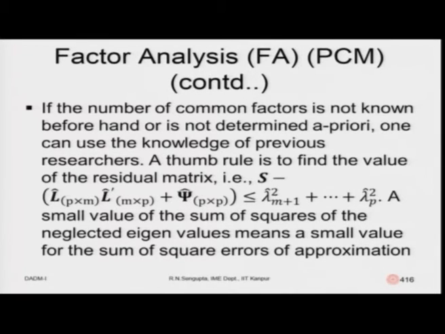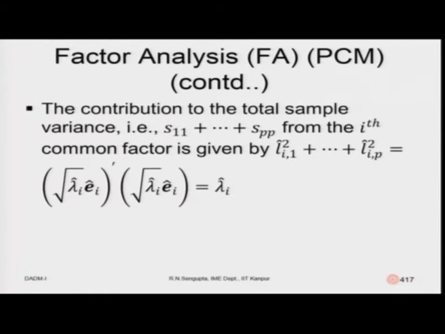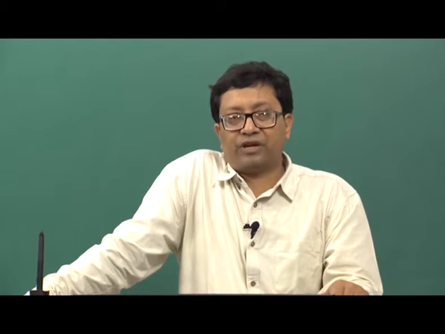So, obviously, depending on the problem, whether we are able to answer it or not will come out from that value. The contribution to the total sample variance would technically be, if you consider the principal diagonal, the first value S11, second one S22, which is the counterpart from the population. If you remember, it will be sigma 11, which is the covariance of the first with respect to itself.